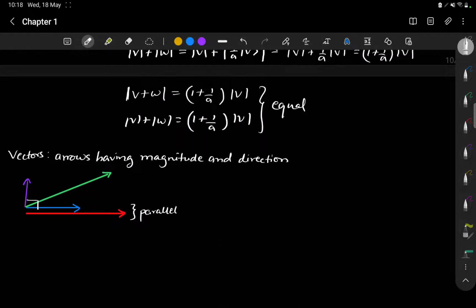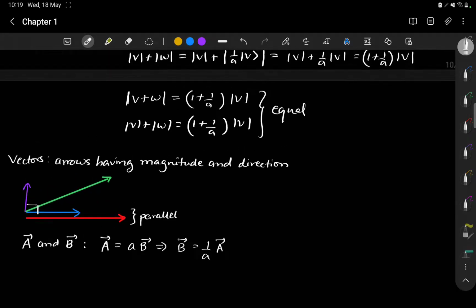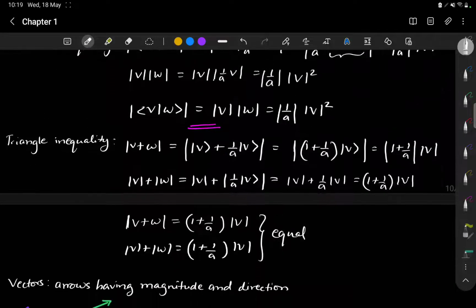So let us consider again. Let us say we have two arrows A and B such that A is a scalar multiple times B. This implies B is 1 by A times A. Now let us look at the Schwarz inequality first.